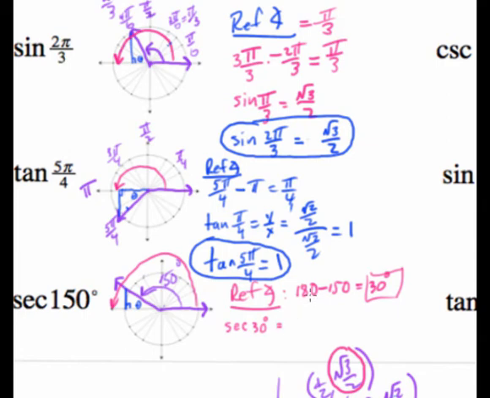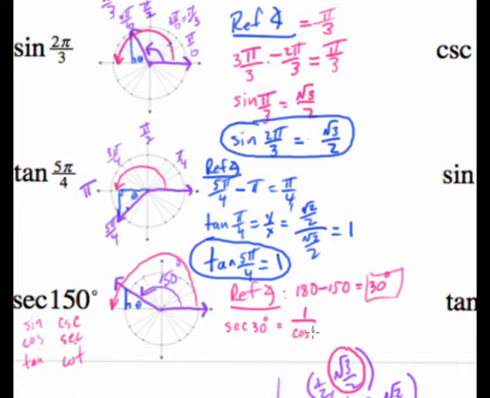Okay, the secant of 30 degrees. Well, if you recall, it goes sine, cosine, tangent, cosecant, secant, cotangent. Recall that the secant is simply the reciprocal of the cosine. Okay? So the secant of 30 degrees is going to be 1 divided by the cosine of 30 degrees.